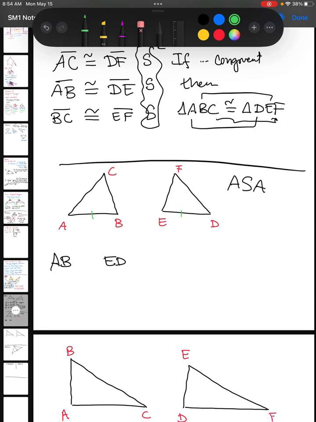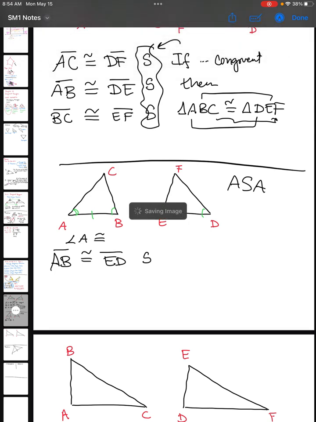All right? I am also going to make congruent these two angles, as you can see. So now I can say that if these two are congruent, I'm talking about a side. But can you see that this side is in between two congruent angles?